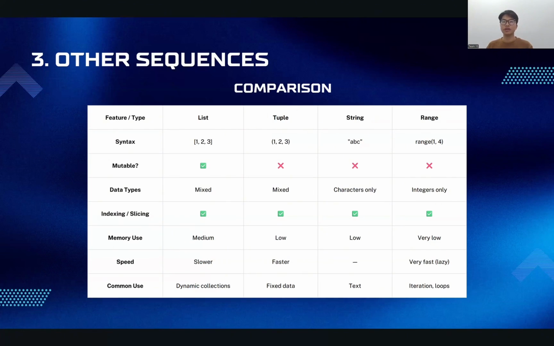For tuple, string, and range, you cannot change the components inside them. And for list and tuple, you can mix different data types, but for strings, you can only store characters, and for range, you can only store integers. And for all of these sequences, you can use indexing and slicing, which help you to access each component in the sequence.